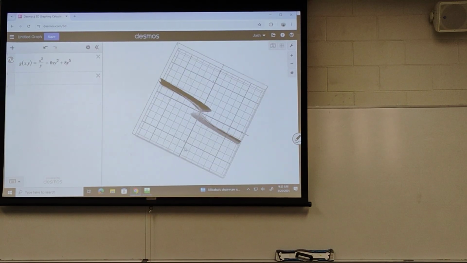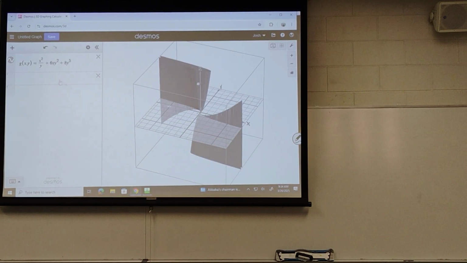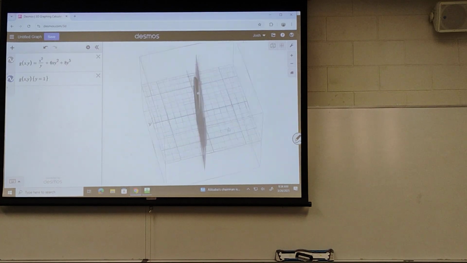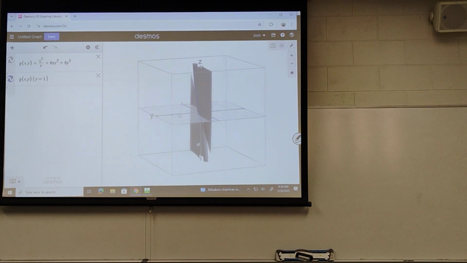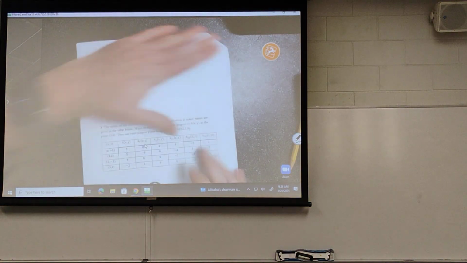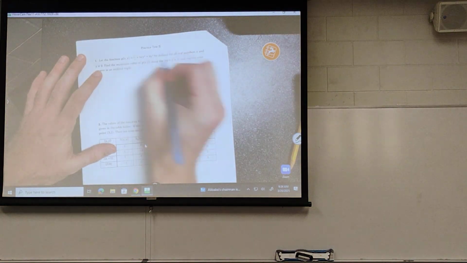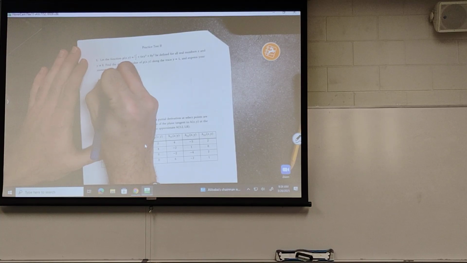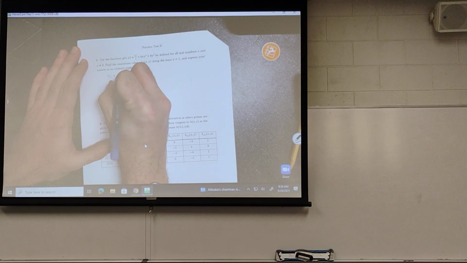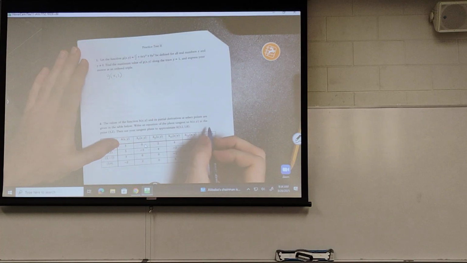So this is the surface, and we are looking at this surface along the trace y equals 1. You're going to get some sort of band. So let's go ahead and plug in y equals 1. In my notation, I can do g of x comma 1, is what's going in for y.